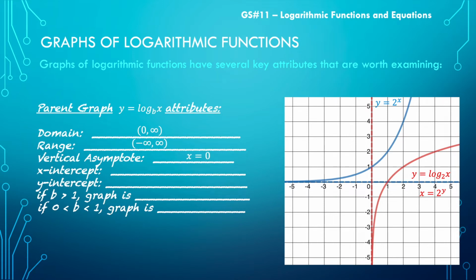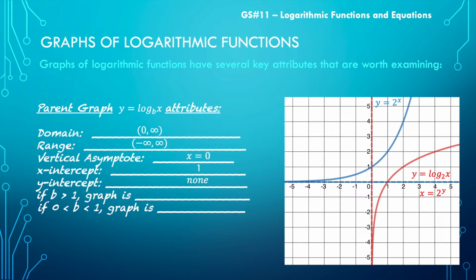In this case, we definitely have an x-intercept. You can see where this crosses the x-axis at the value 1. And there is not a y-intercept because it just runs directly down the y-axis. So there is not one here.